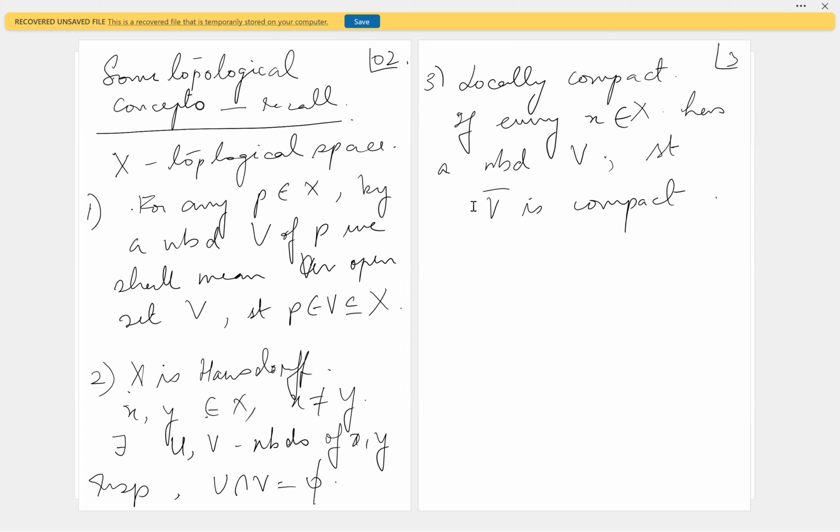What are prime examples of locally compact Hausdorff spaces? R is locally compact. R^n, with the Euclidean metric.